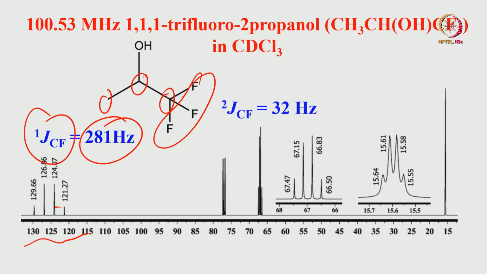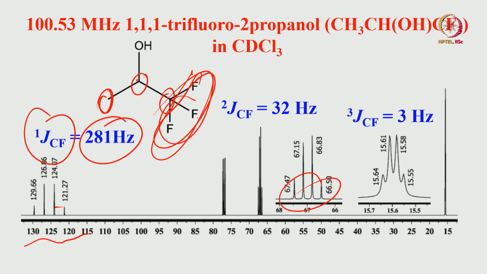This carbon can couple to this, 32 Hertz, quite large, and that also has to be a quartet because the same 3 equivalent fluorines are coupled. And then 3JCF, this carbon can also couple to this, and it is going to be a quartet. So very easily you can understand all those things.